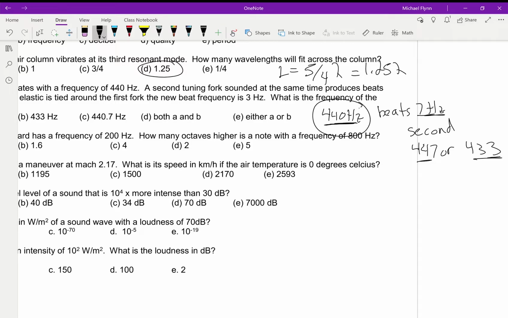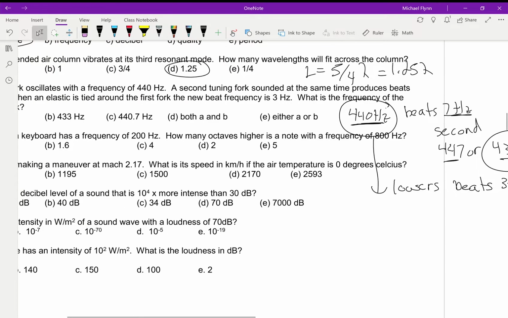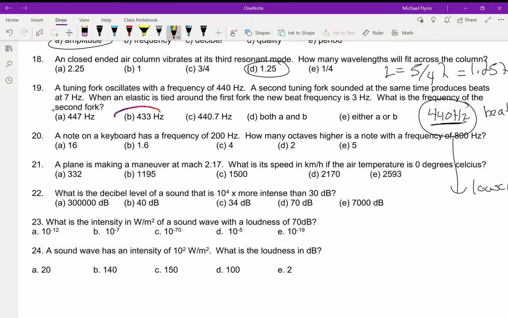So because the elastic band lowers this one and it gets closer to the second tuning fork, now the beats are 3 hertz, then it has to have been the lower number. Okay, so the lower number is the correct answer, 433. And that way, when we tie an elastic band around the 440 and it reduces its frequency, it gets closer to the other tuning fork, so it has to be this one.